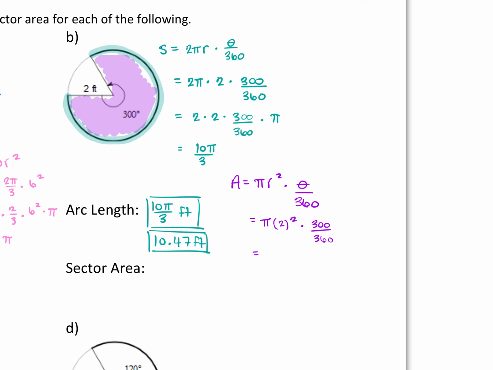So to find exact, we take our 2 and square it, multiply it by 300 over 360, and then save the pi until the very end. And typing that into our calculator, it gives us 10 pi thirds feet squared. And yeah, just so happens to have the exact same measurement as the arc length. And so the decimal for that, the approximate, is 10.47 feet squared.